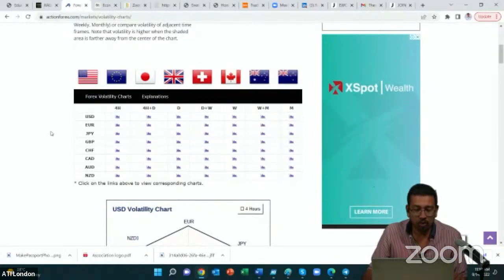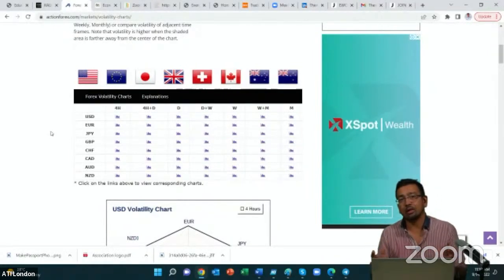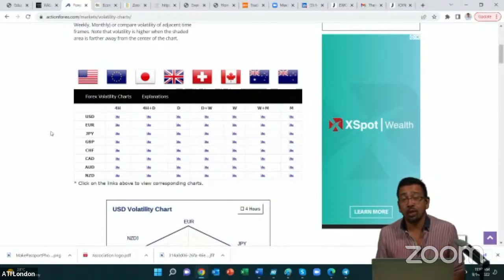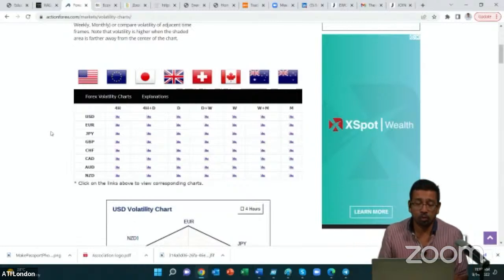You will be able to use it as a good hint on understanding which pair, or which currency combined with the other currency, would be giving you more volatility. Why? Because volatility is the lifeblood of Forex trading. It's the lifeblood of successfully riding along high liquidity and highly volatile pairs when we use this tool to pick out the right pair.